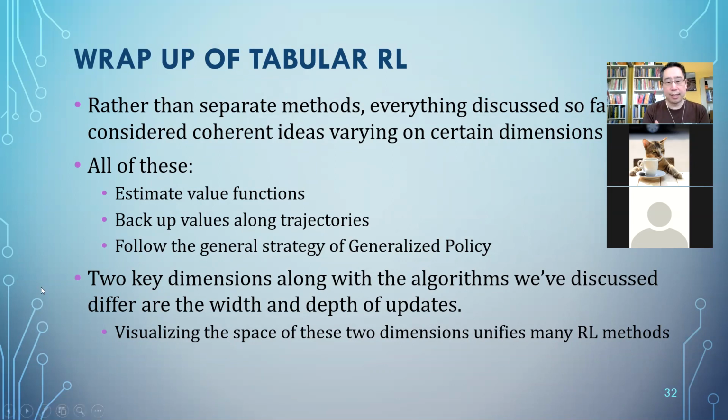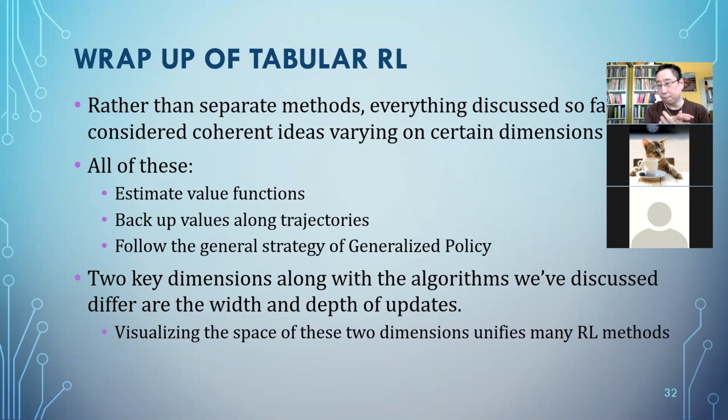So all of these estimate value functions. In some cases, we're doing state value functions. In some cases, we're doing state action Q functions. But they're all doing value functions. They all back up values along trajectories. Okay, so whether it's a single step or whether it's a whole episode, you're getting values and then you're using those to update going backwards towards where you started.